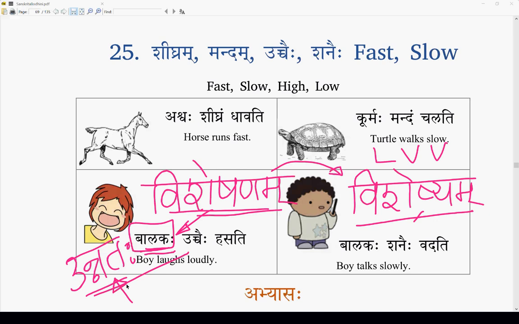What is the lingam of balakaha? Pullingam, vibhakti is prathama vibhakti, and vachanam is ekavachanam. So unnataha should also be in pullingam, prathama vibhakti, ekavachanam.